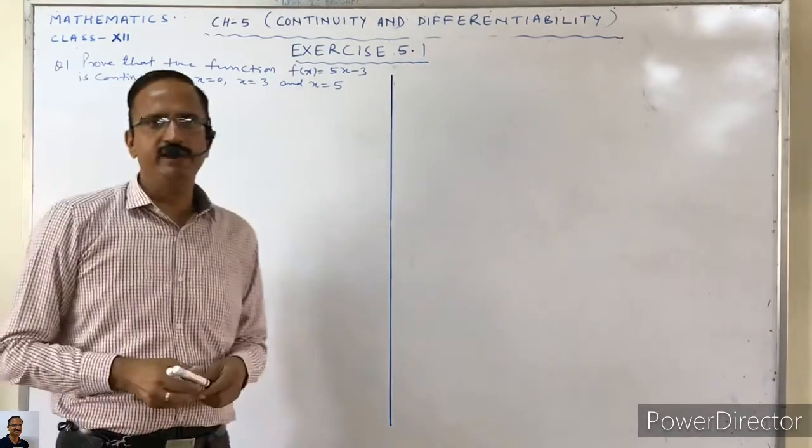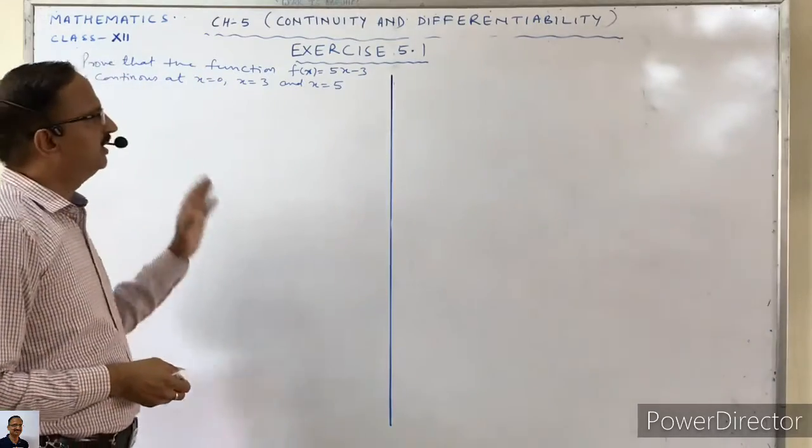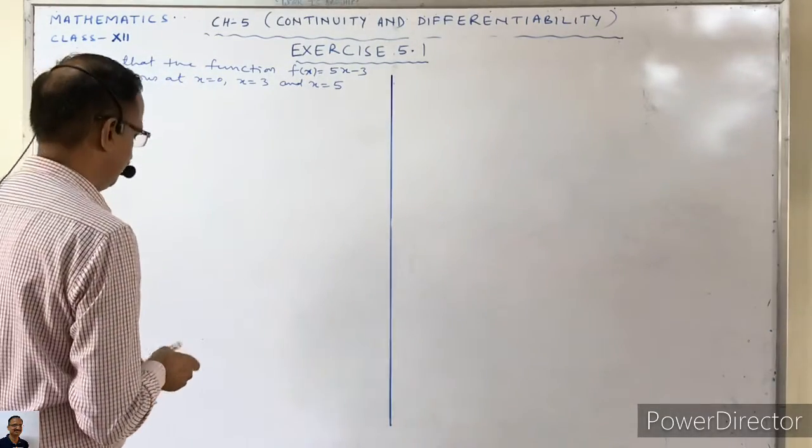At these 3 points, we have to prove that this function is continuous.